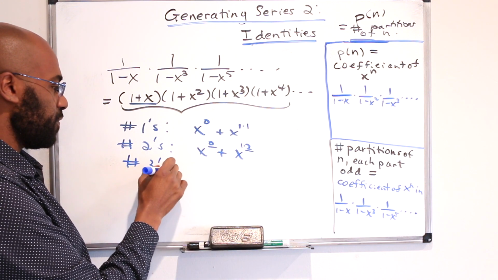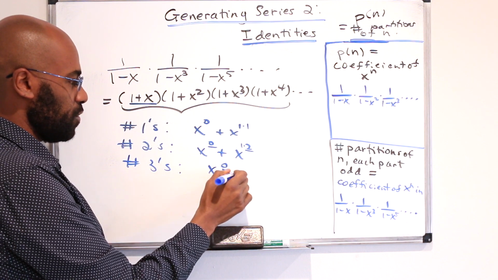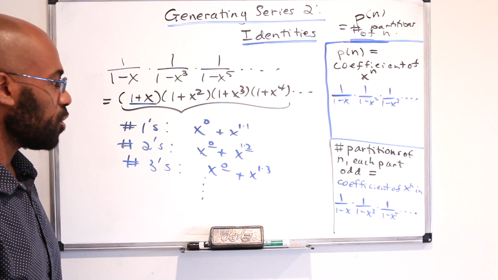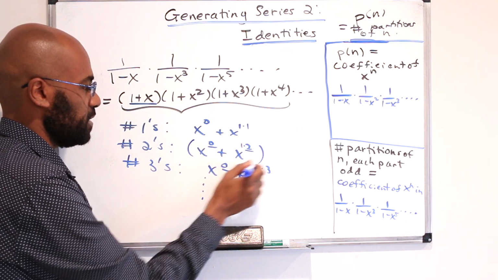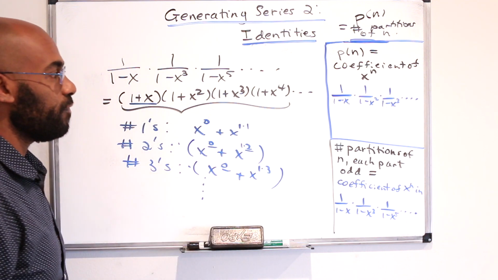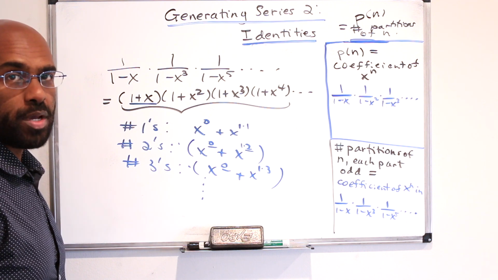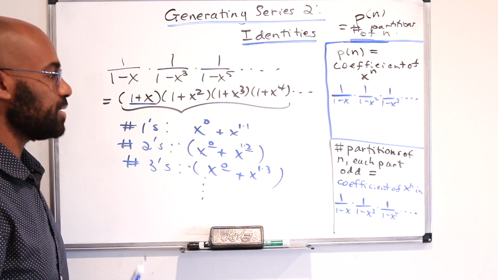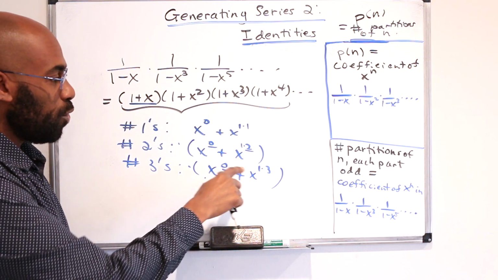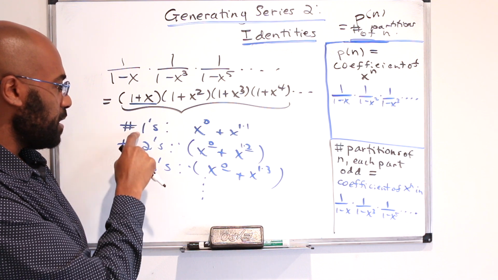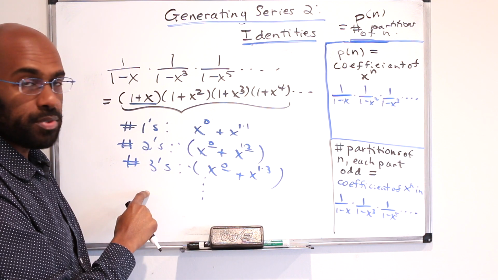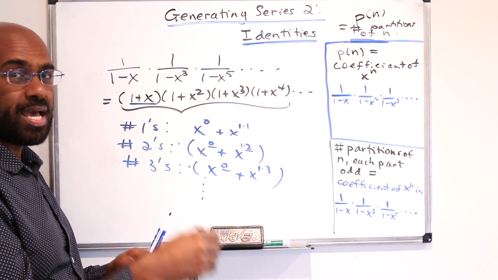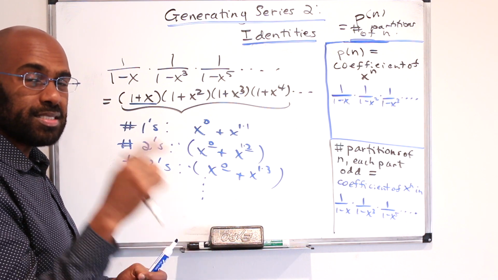The next thing, the number of 3's is either 0 or 1, etc. So a way to interpret the product of all of these series is that the x to the nth coefficient is the number of partitions of n where you only have at most exactly one copy of each one of these numbers. Another way to remember that is it's the number of partitions of n where every part is distinct.